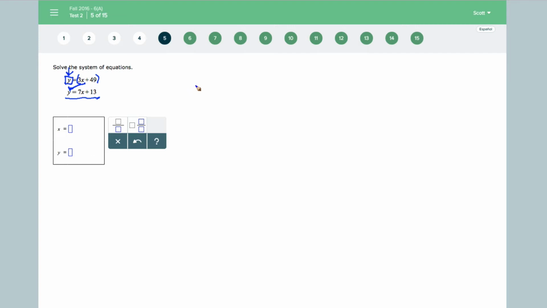So I've got parentheses equals 7x plus 13. All I did was rewrite the second equation, the one that I'm plugging into, with parentheses instead of a y.